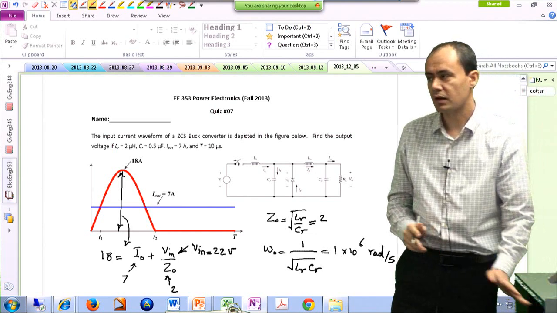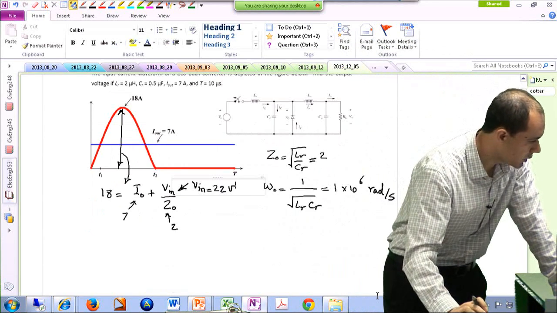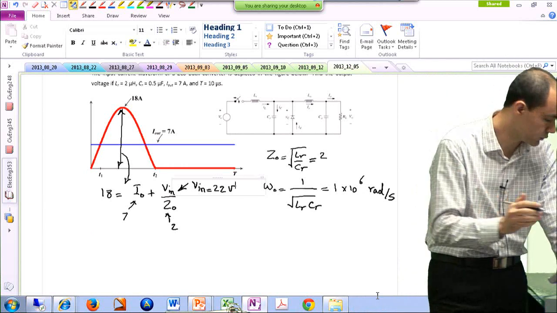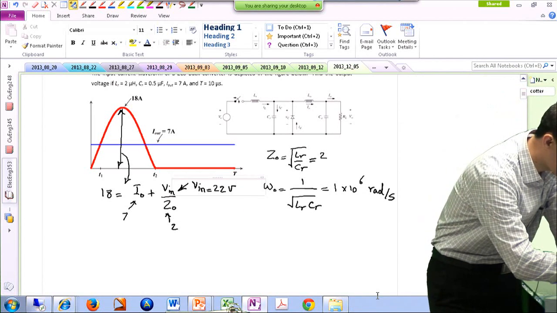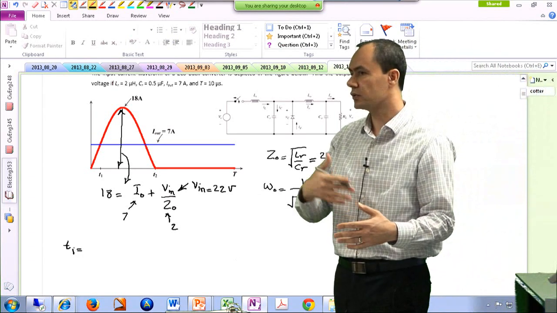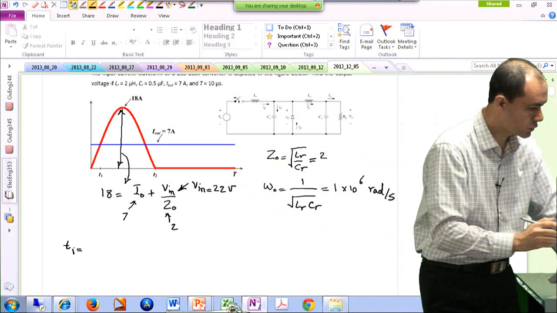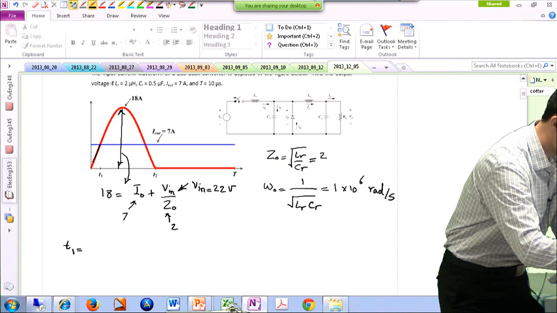All right, now that we have the DC value of the source, ultimately we want to find the output voltage. So we can continue with finding the duration of T1. T1 is the time that it takes for the inductor current to rise linearly from 0 to I out, basically this time span over here.